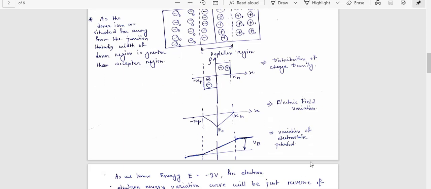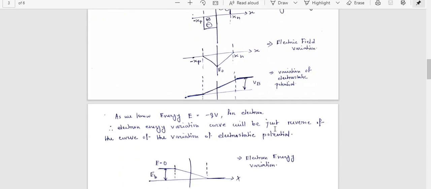And this is the variation of electrostatic potential in the depletion region. This is for P type and this is for N side. Here also electric field variation, this is for P type and this is for N type. Again you have a formula, that is energy can be written as E is equal to minus Q into V. That means electrostatic potential means voltage.